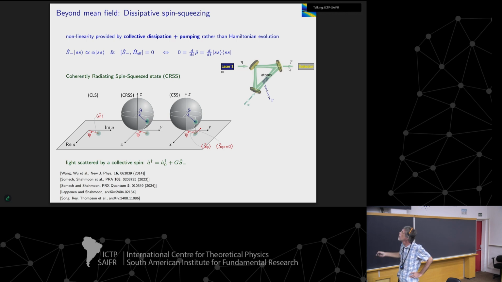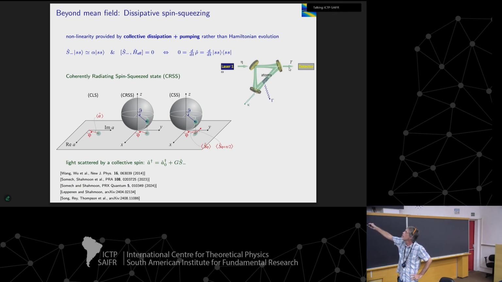So unfortunately, the fact that we have spin squeezed states here, we cannot probe by looking at the coherent state of the cavity light, because it's coherent, no? And you cannot say, okay, I see a coherent light, and so I necessarily have spin squeezed states here. This is too easy, no? It could also be another effect which destroys the spin squeezing and makes the light coherent.